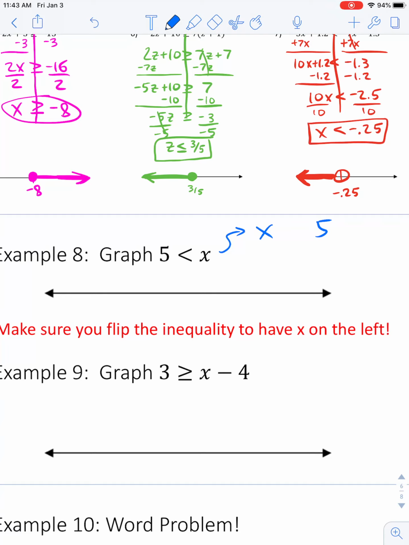And if I flip it, I have to flip everything, including the sign. So I flipped the x and the 5, and I'm going to flip the sign from a less than to a greater than. So x is greater than 5. And we know how to graph that. We put a 5 on here with an open dot, and we shade to the right. So if x is ever on the right, I just change the inequality to get x back on the left, and then I graph that.